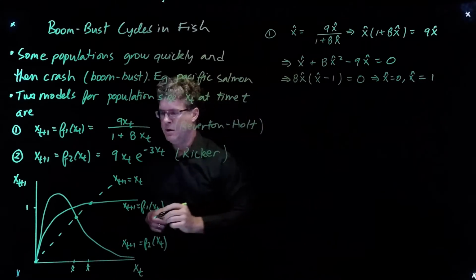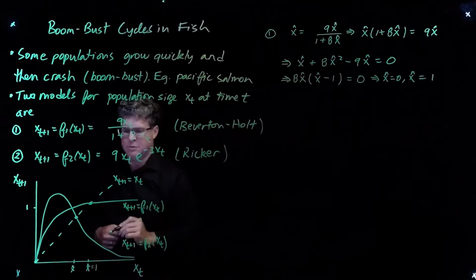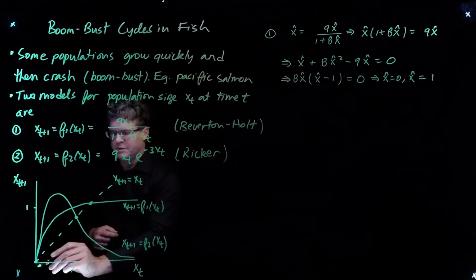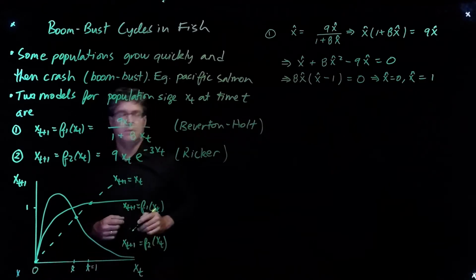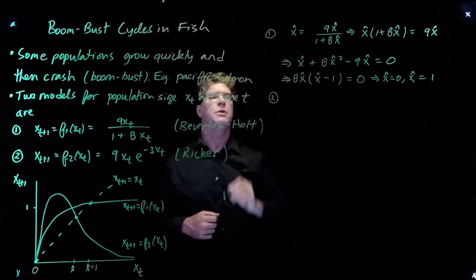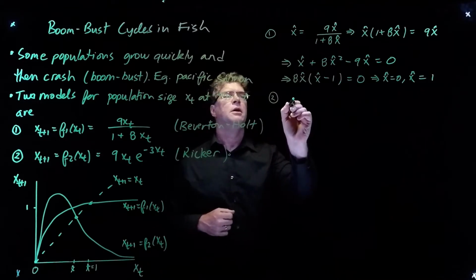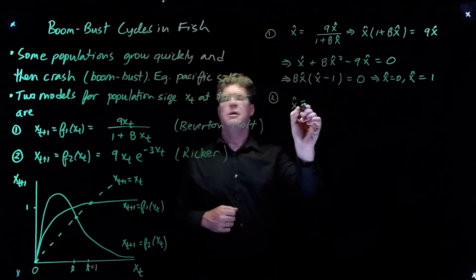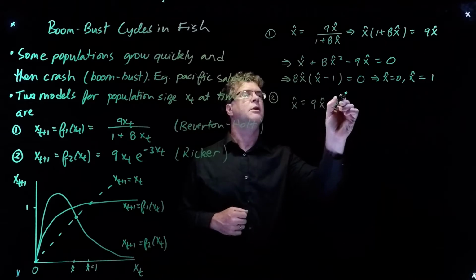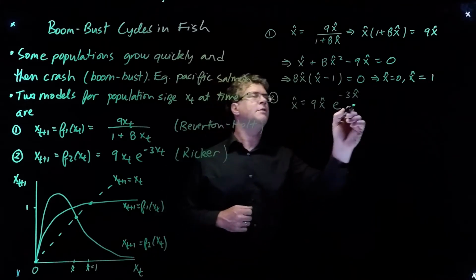So here we have x hat equals 1 for the Beverton-Holt curve, and we have the 0 equilibrium as well. Okay, let's work it out for the Ricker curve, and we do something similar. We write x hat equals 9x hat e to the minus 3x hat.